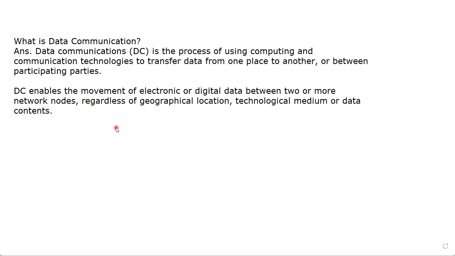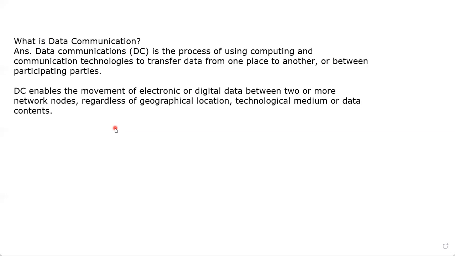Data communication is possible everywhere, so there are no geographical boundaries defined in data communication. The idea is that there is a medium for each of us, and the medium would be wired or wireless. So this is all about data communication.